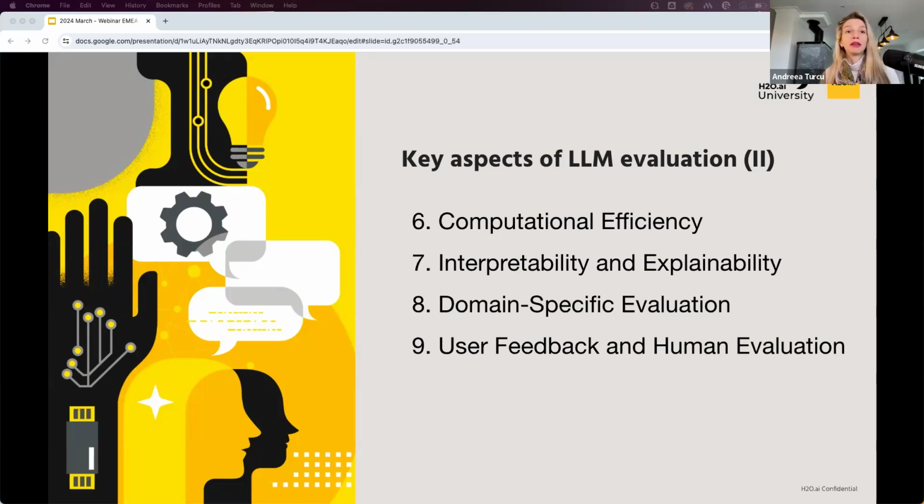Interpretability and explainability, that's yet another important concept, because during your Gen AI project, you might be interested to evaluate the LLM's ability to provide explanations or justifications for its predictions.